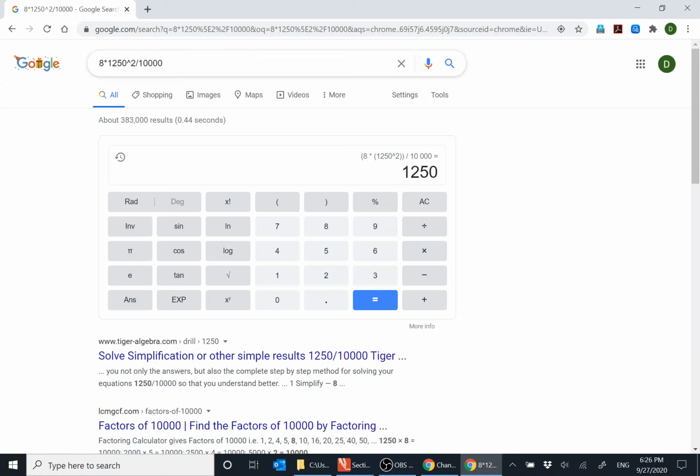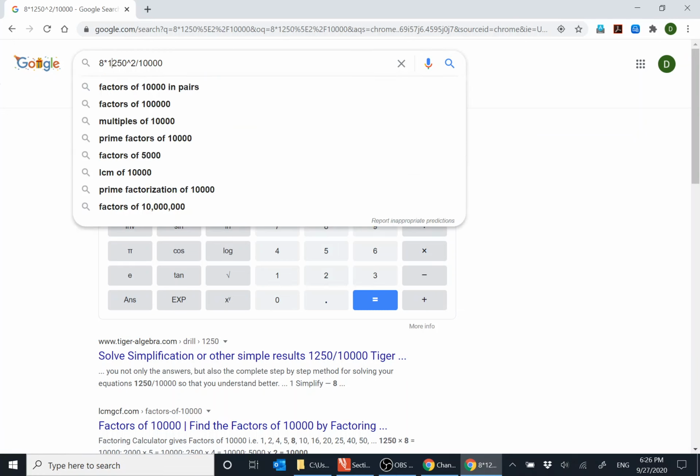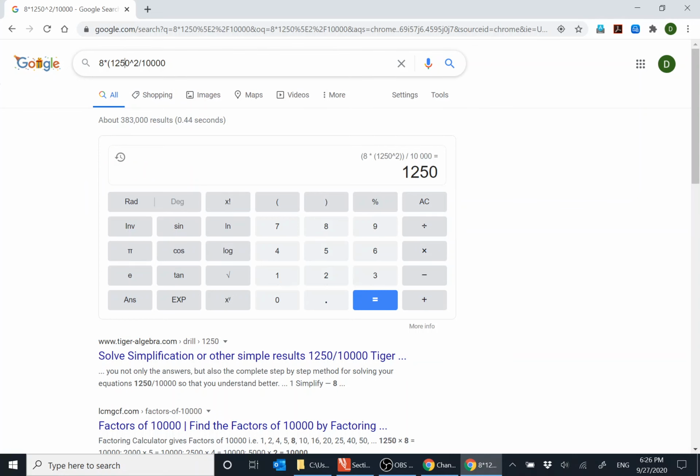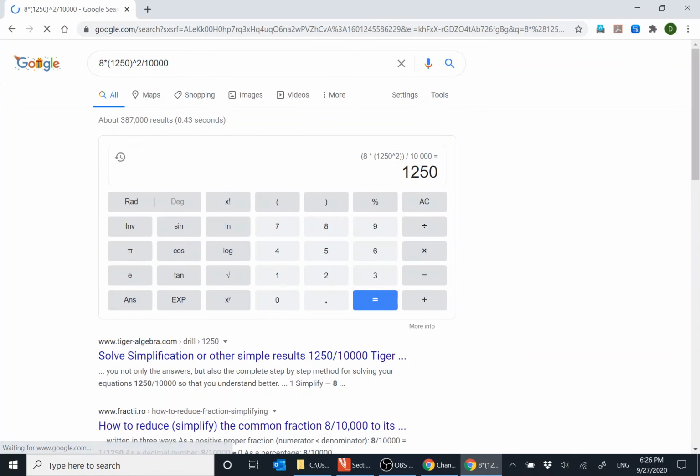That doesn't seem right. Oh, third root of that, that's right.